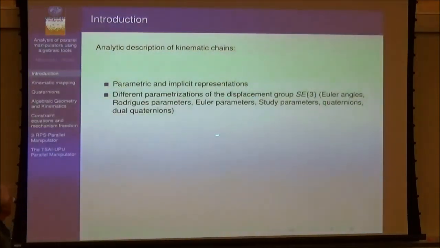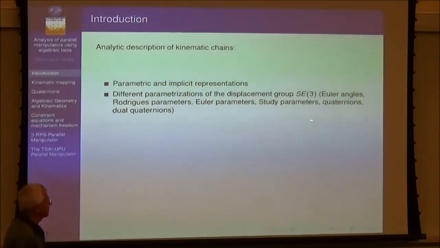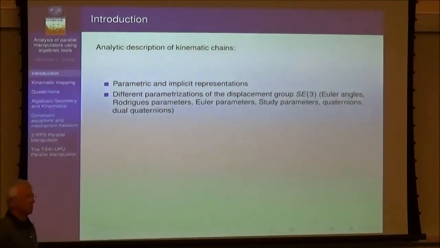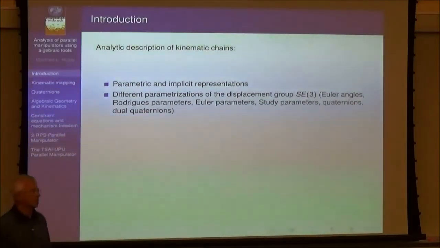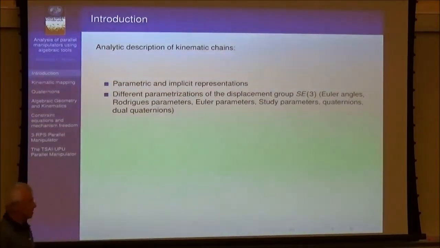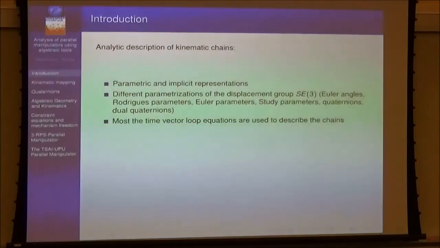And this, by the way, was the basic motivation of Euler to introduce the Euler parameters, which are essentially the quaternions. So Euler parameters and quaternions are essentially the same. Study parameters, by the way, are the same as dual quaternions. This is parametrization. You should be aware of that.